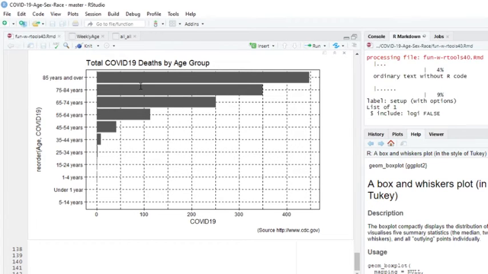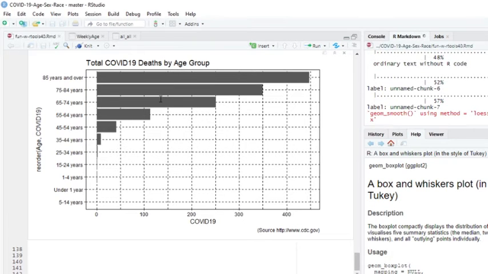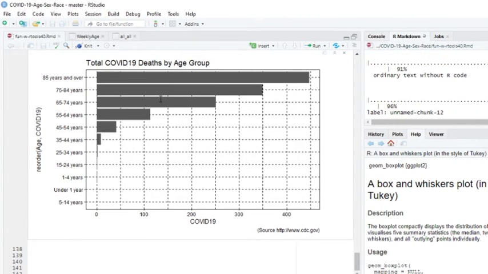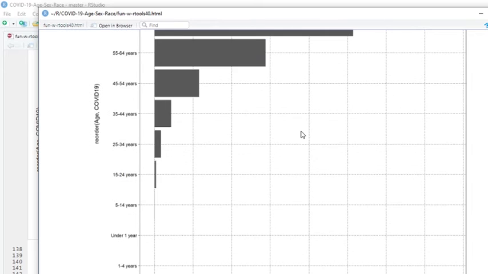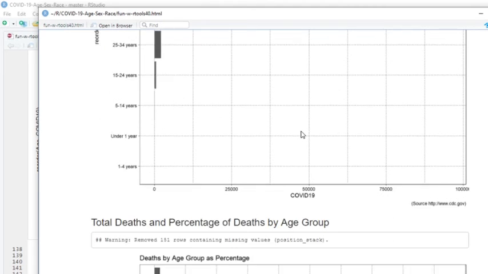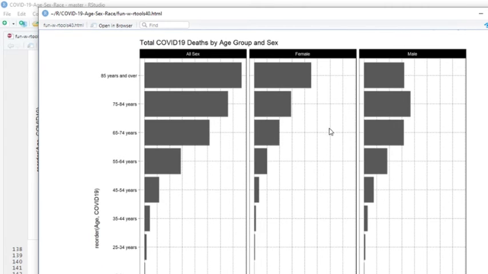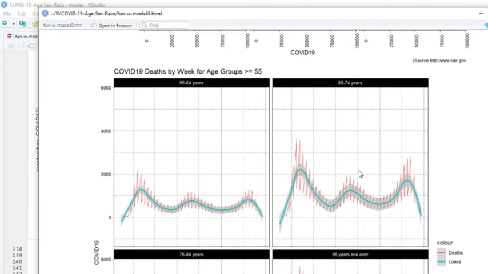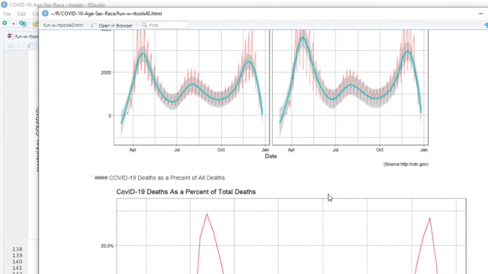Let's run it once more from the top, just to make sure we've got it completely covered. Now, I would say we are seeing a spike in some age groups, percentage-wise, total cases. And you can see the deaths are falling in these age groups here.